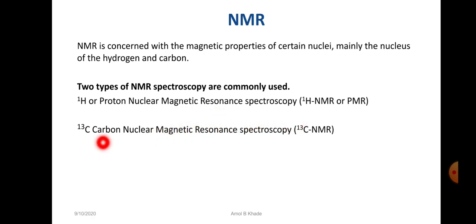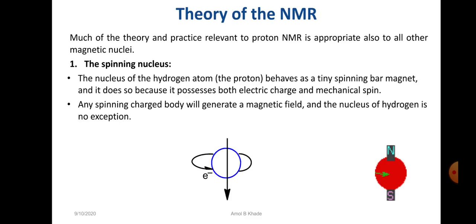The other technique is C13, that is carbon NMR spectroscopy. Whatever discussion we are doing in this session is restricted only to proton NMR spectroscopy, and the other technique has a similar mechanism to proton NMR with slight variation.